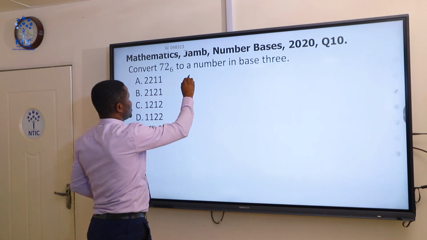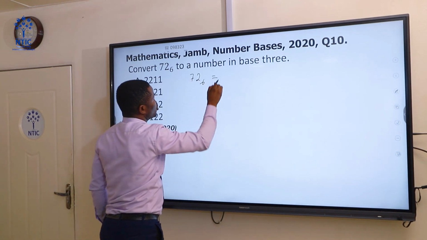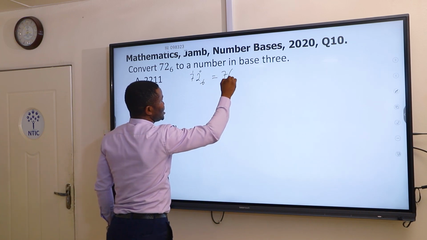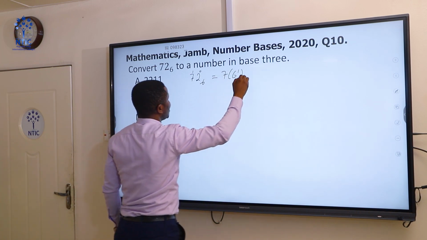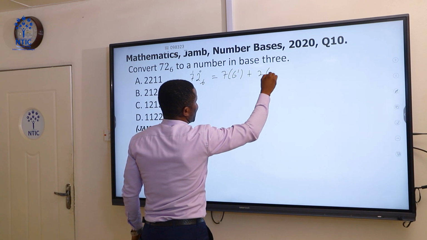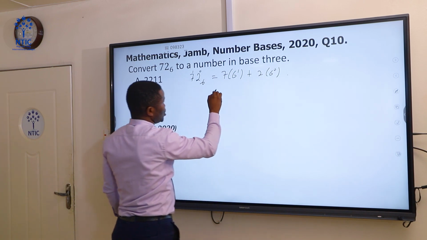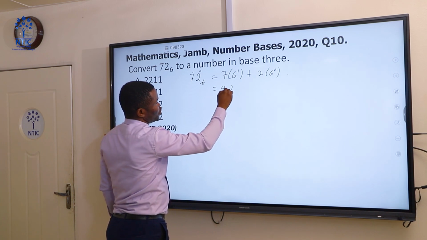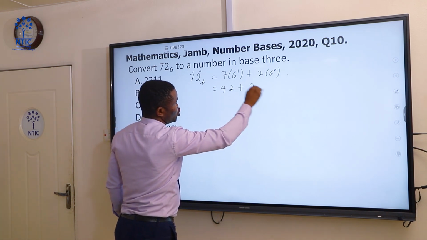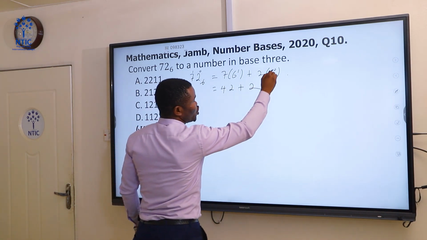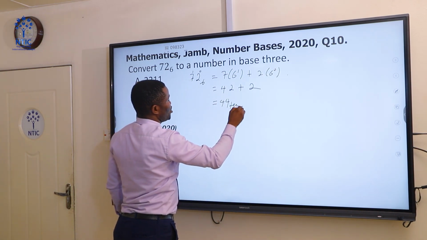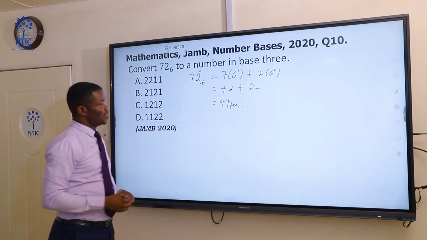So 72 base 6 is going to be equal to 7 times 6 raised to power 1 plus 2 times 6 raised to power 0. So this is 7 times 6. 7 times 6 is 42 plus 2, because 6 raised to power 0 is 1. So this is going to give you 44 base 10.